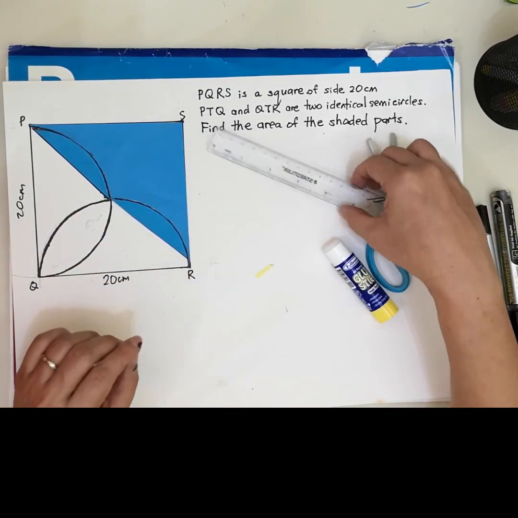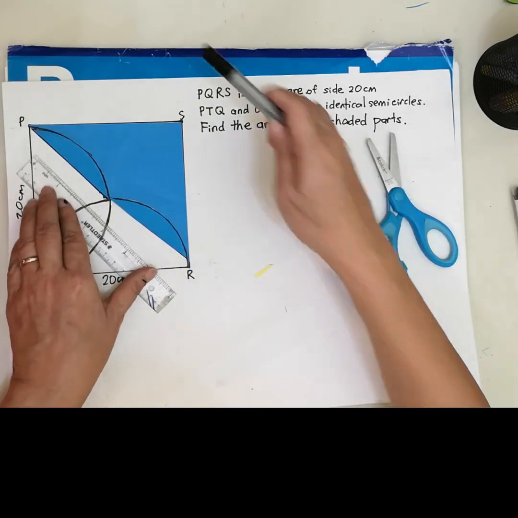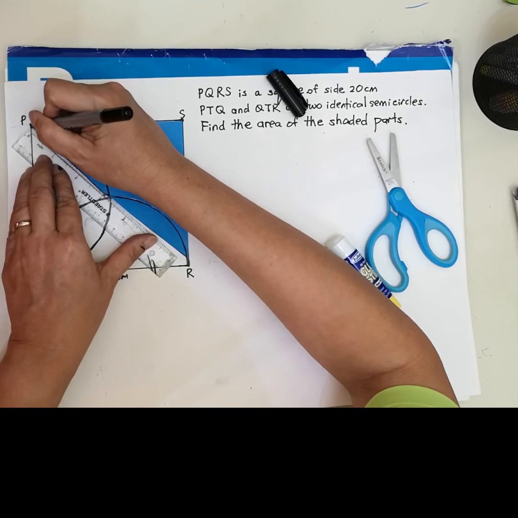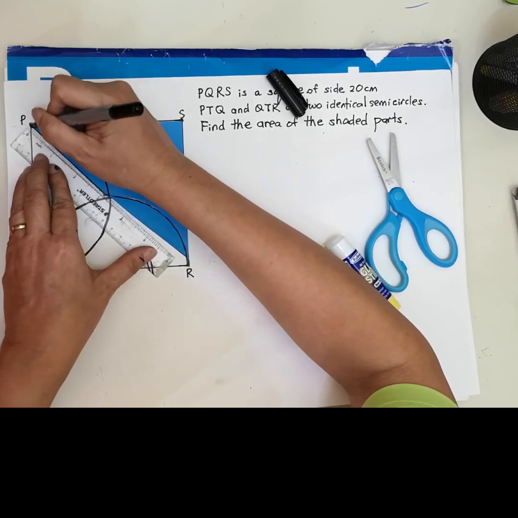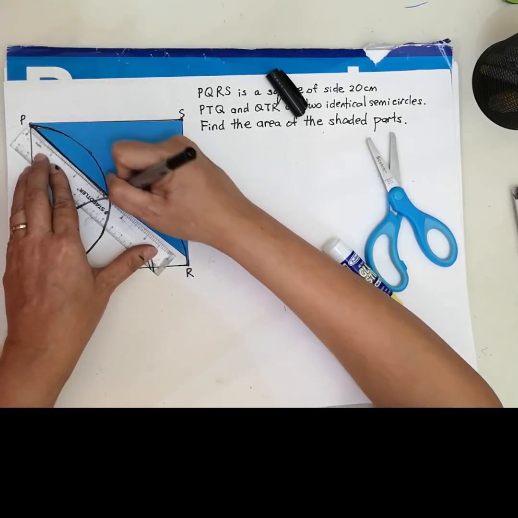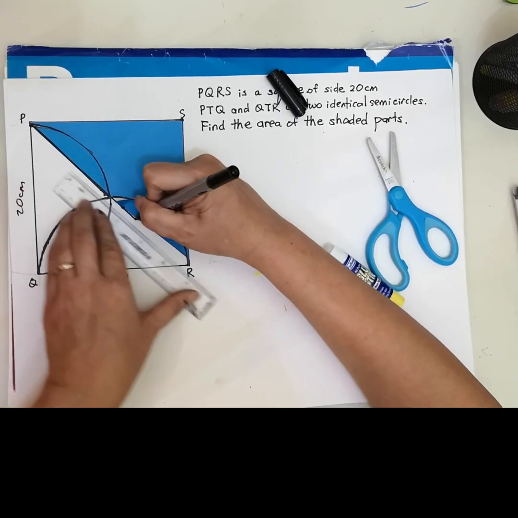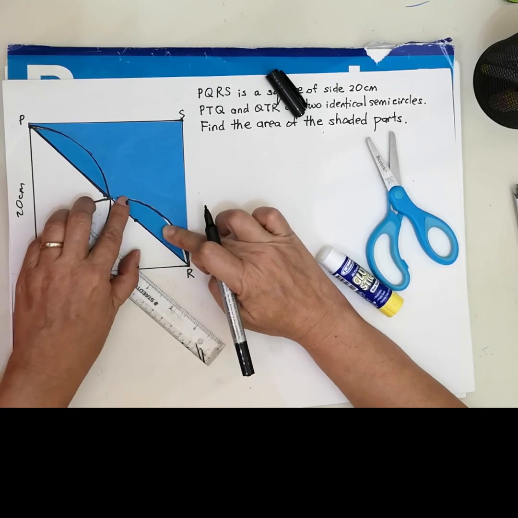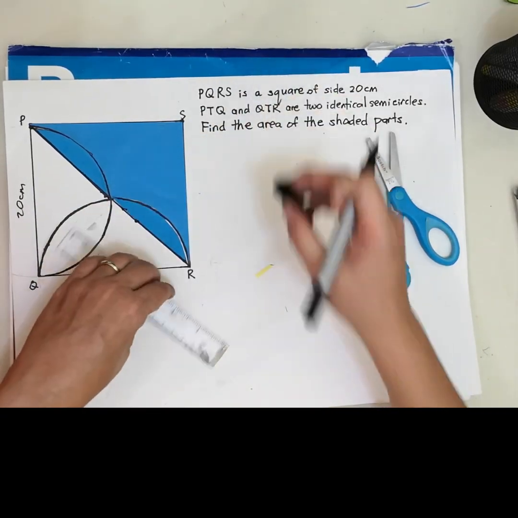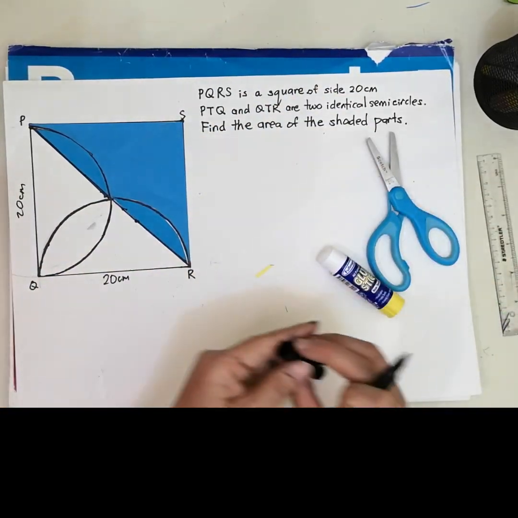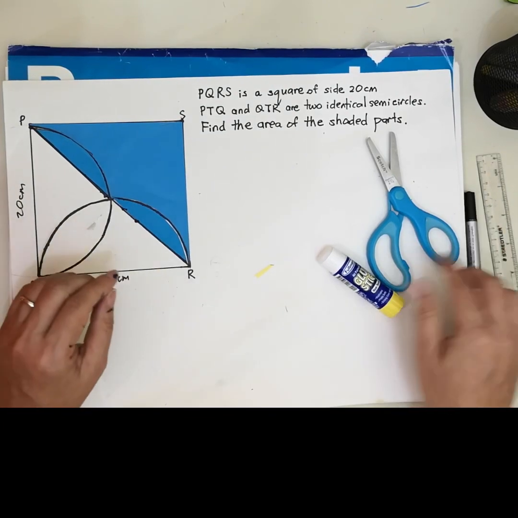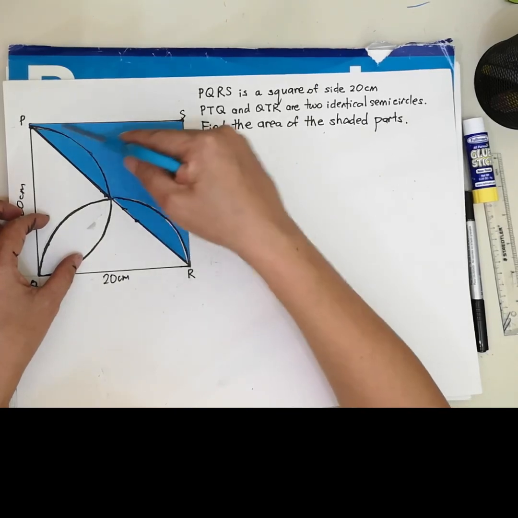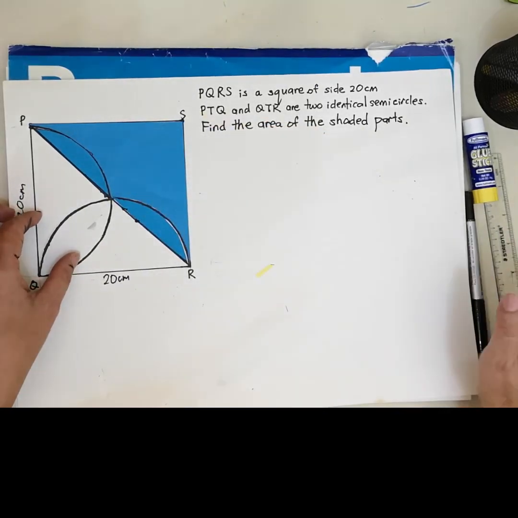Okay, and after that, I'm going to draw a line from P all the way to R. Okay, so you can see that the total area of the shaded parts, that means the blue parts here, actually form half of the square.